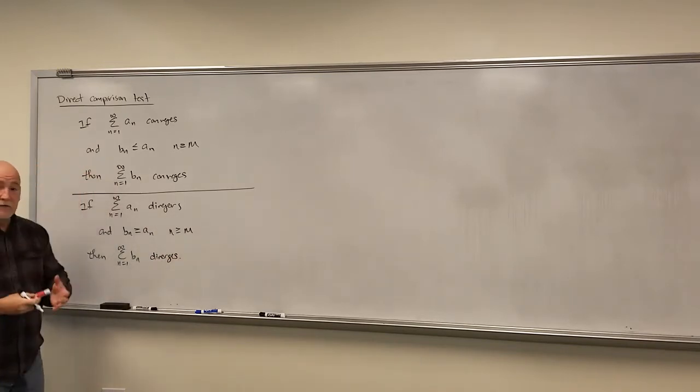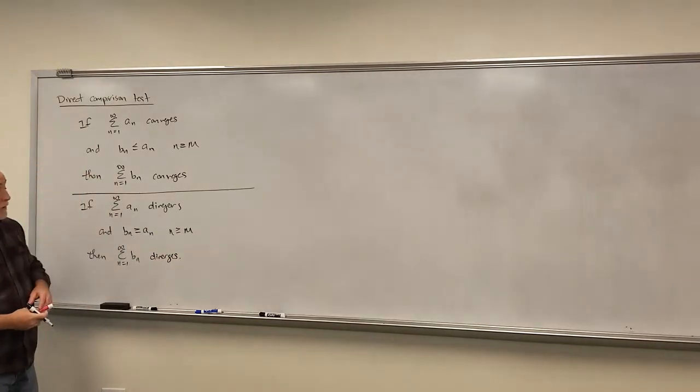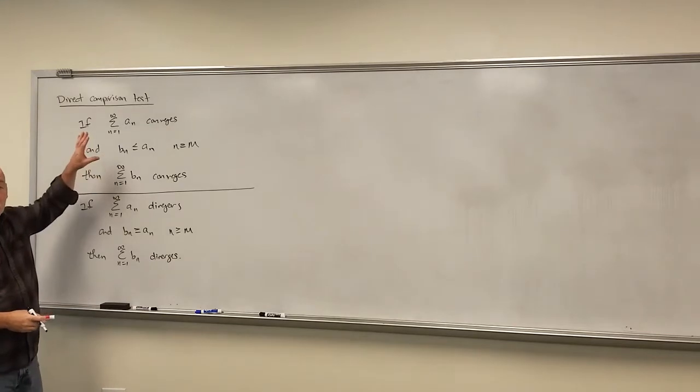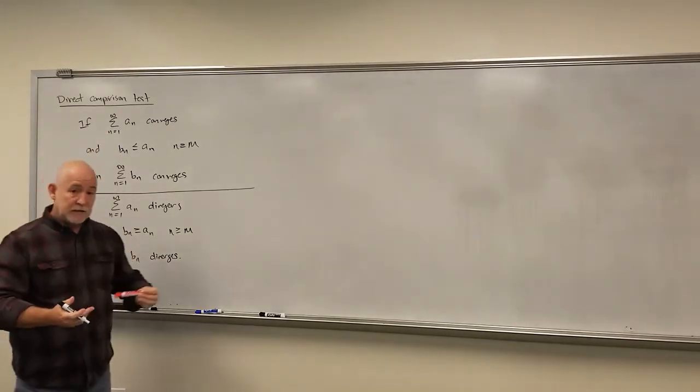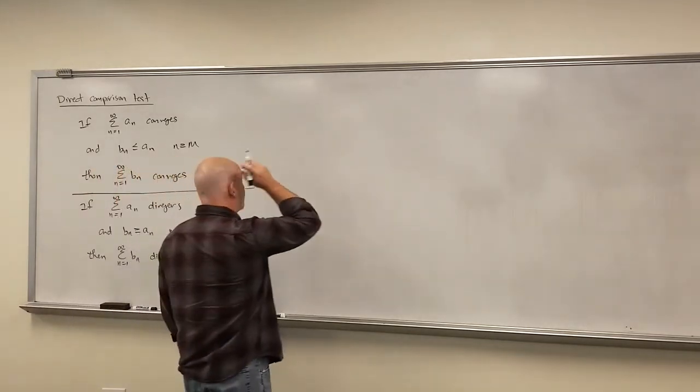Okay, so it really has two parts to it. And it's really based off of, do we think our original series converges or do we think our original series diverges? Let's take a look at a couple quick examples here.